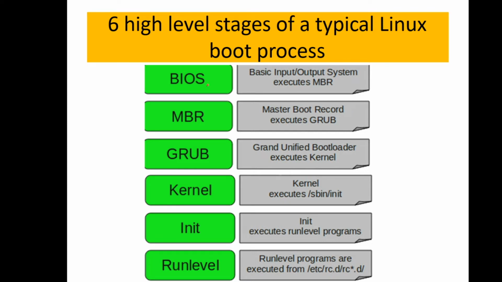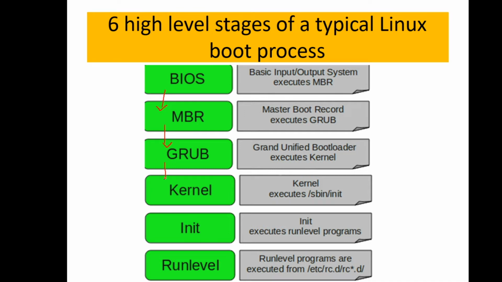The first layer is your BIOS, basic input-output system. This BIOS in turn executes the MBR, the master boot record, which executes GRUB. GRUB is the Grand Unified Bootloader, which is going to execute the kernel.